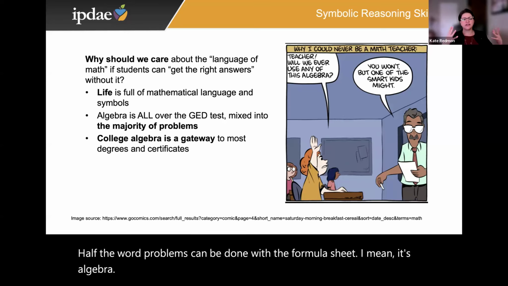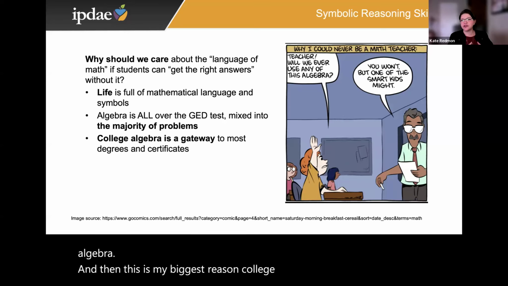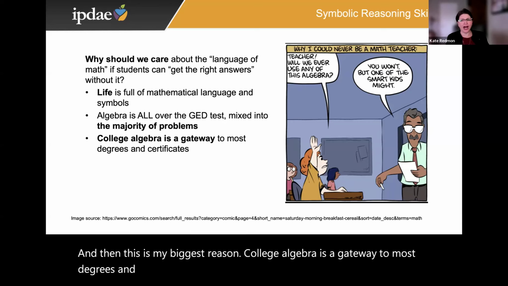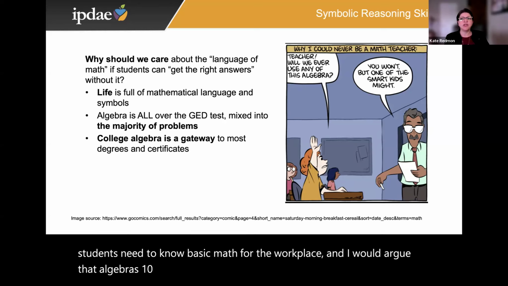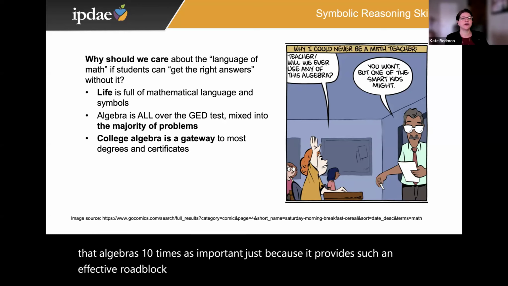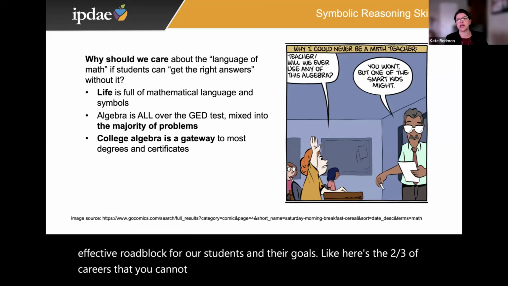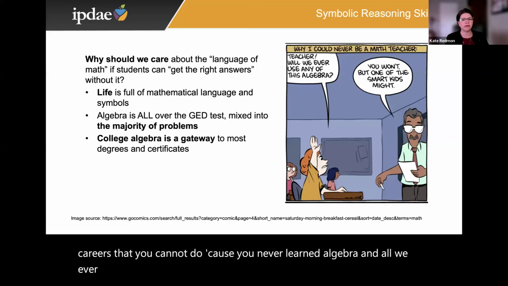And then this is my biggest reason. College algebra is a gateway to most degrees and certificates. We spend a lot of time focused on how our students need to know basic math for the workplace. And I would argue that algebra is 10 times as important just because it provides such an effective roadblock for our students and their goals. Like, here's the 2/3 of careers that you cannot do because you never learned algebra and all we ever did was focus on basic math.